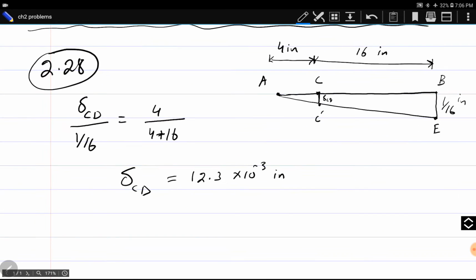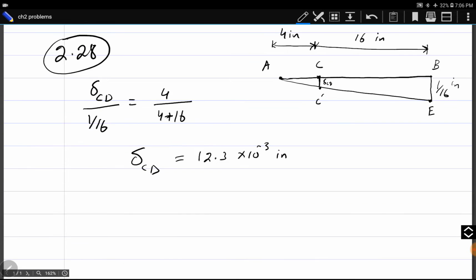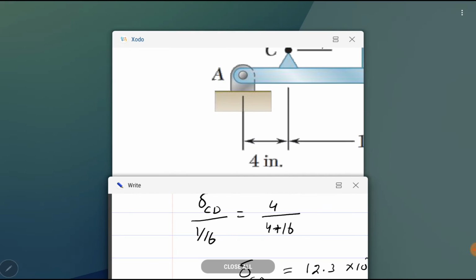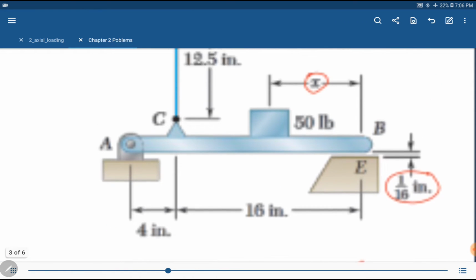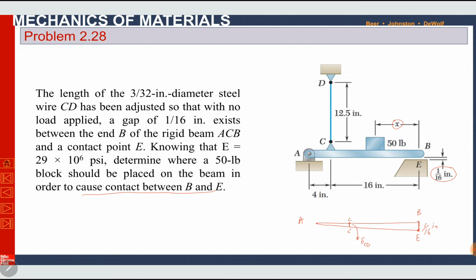Okay, now we have calculated delta CD. Now I have to find the force in the member CD. Why do I need to find the force in member CD? I will draw a free body diagram of this figure. At support A we have reaction forces RAX and RAY.